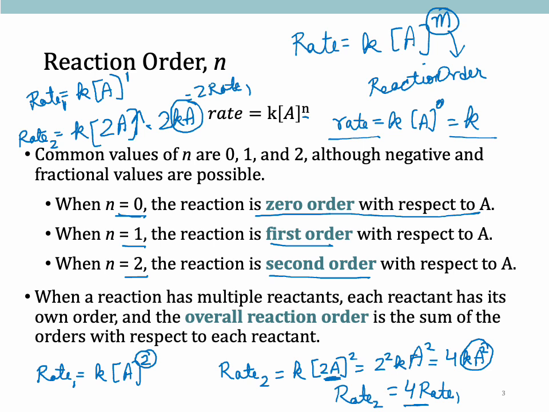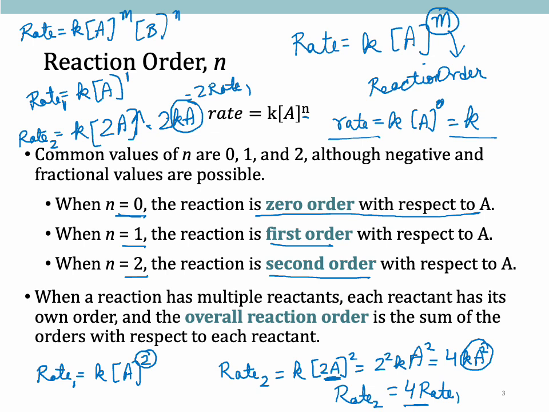Another thing that I want to mention here is, for example, if my rate is dependent on two reactants, it is k A to the power of m and B to the power of n.